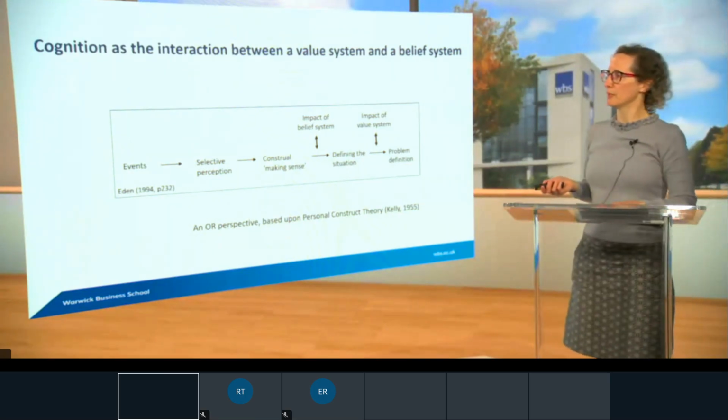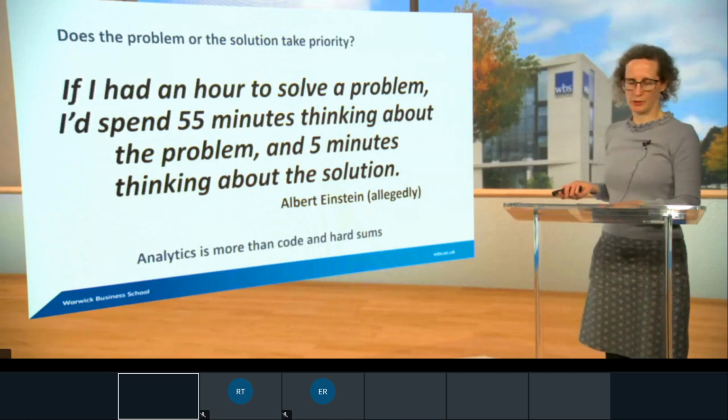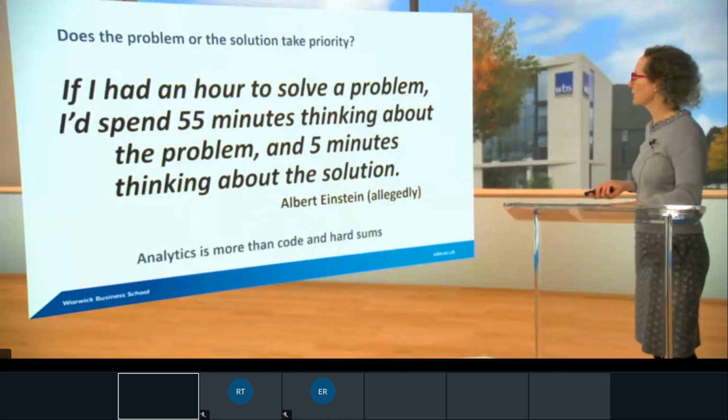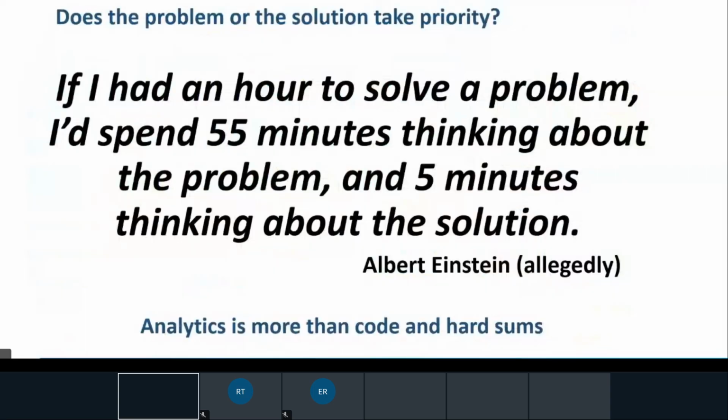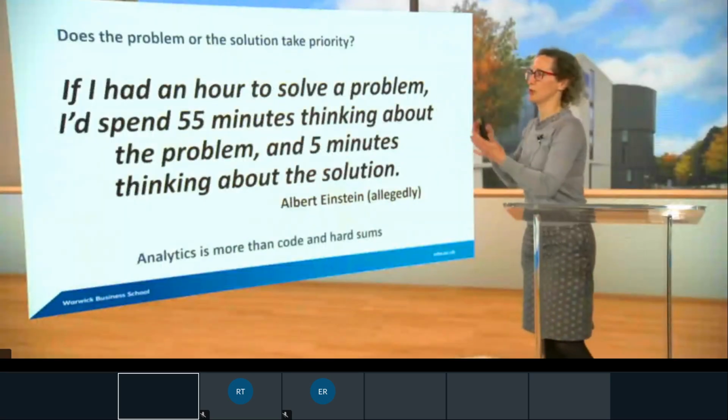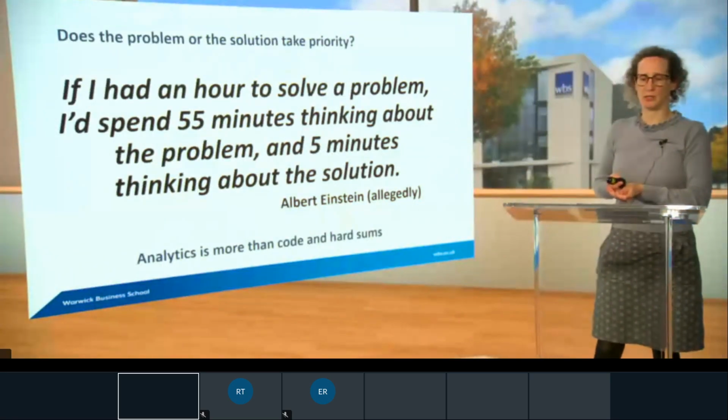So let's revisit then our other reading, which referred to Einstein. If I had an hour to solve a problem, I'd spend 55 minutes thinking about the problem and 5 minutes thinking about the solution. So, does this suggest that the problem or the solution should take priority?